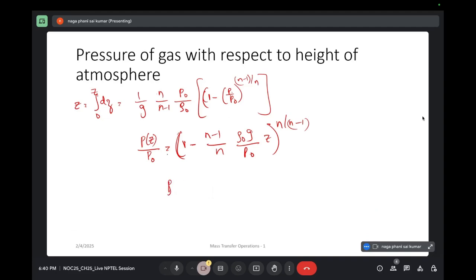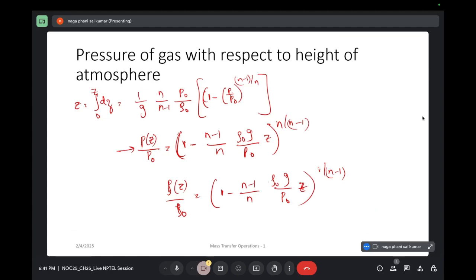This is for pressure, right? If we change it to density, the power will be changing. So this is how density and pressure change with altitude.